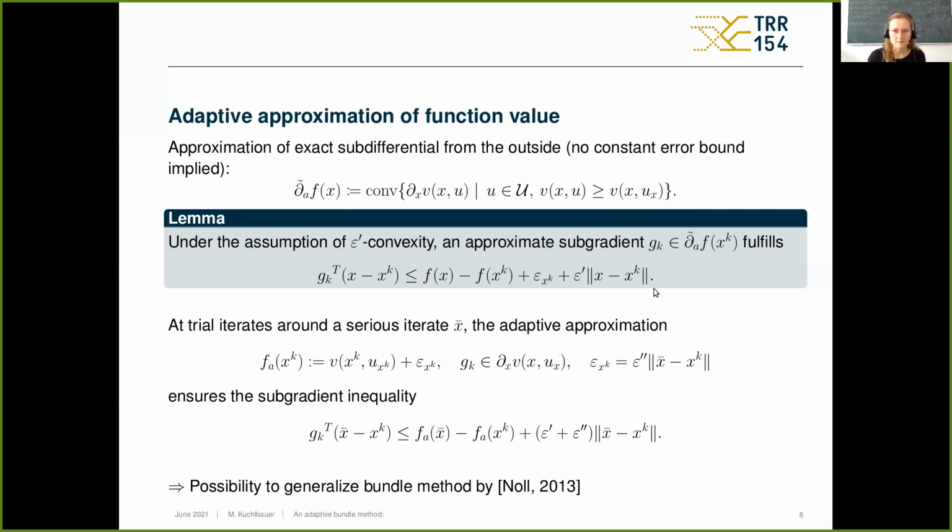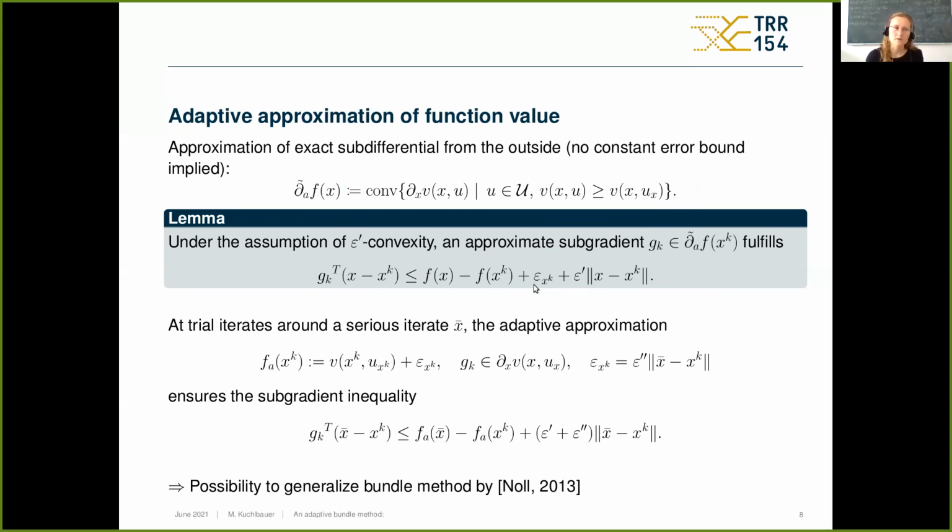So we have this subgradient inequality that is still fulfilled. Under the assumption of epsilon convexity, we have still this distance-dependent error and another constant error that is the function value error at the point of interest, at which we evaluate the subgradient inequality.